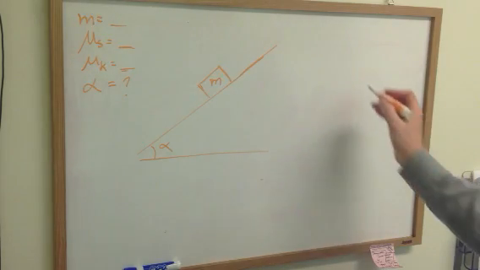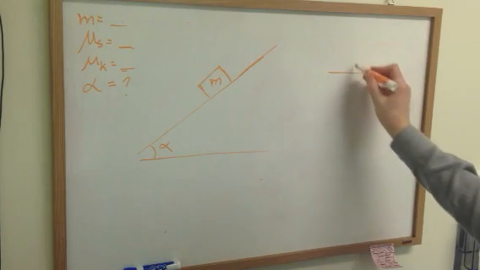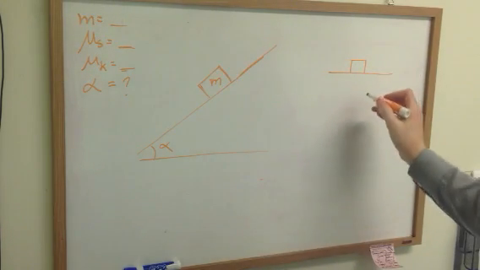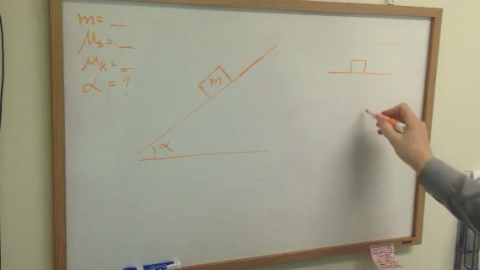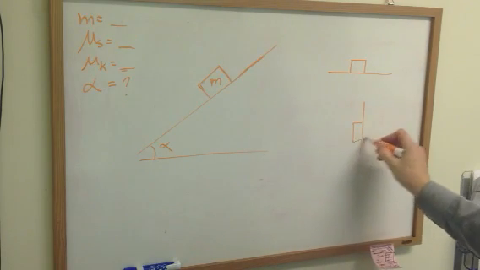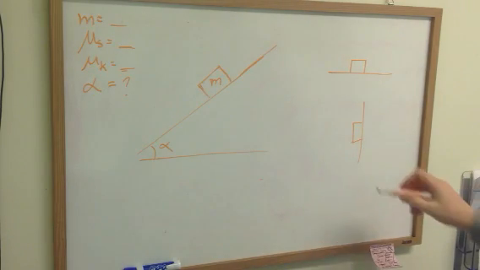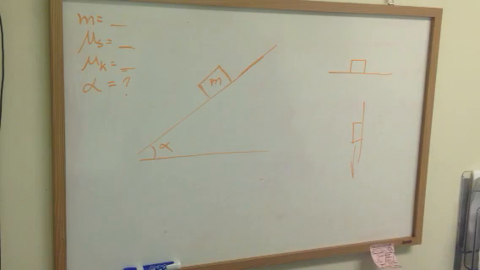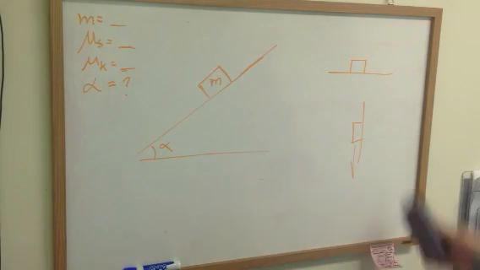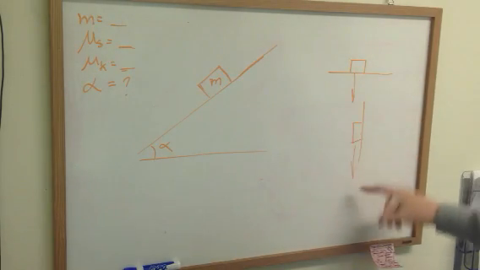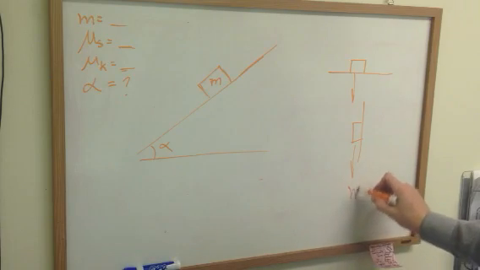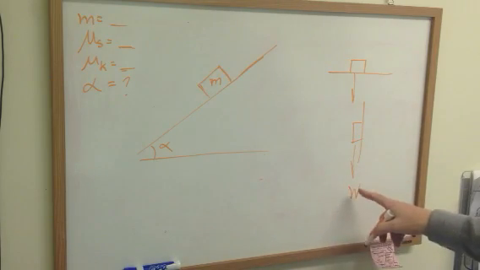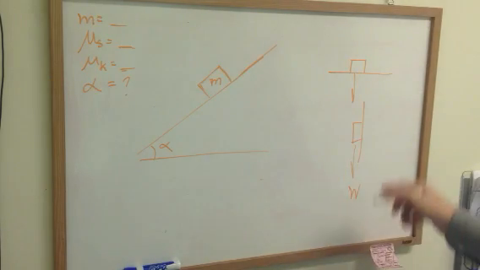Well, let's not forget that a slope is somewhere between a horizontal and a vertical situation. Here, the box is definitely going to slide. Here, it's definitely not going to slide. And why? It's because in this situation, the weight is downwards and it slides down.